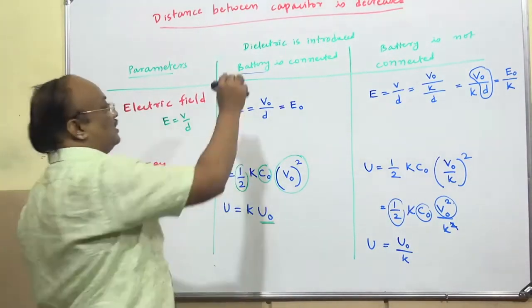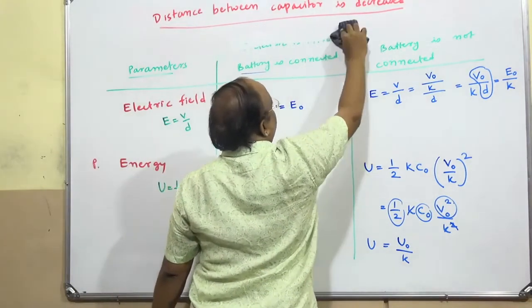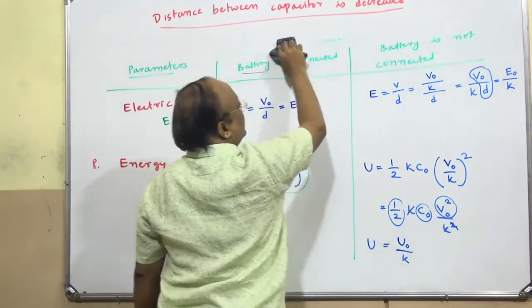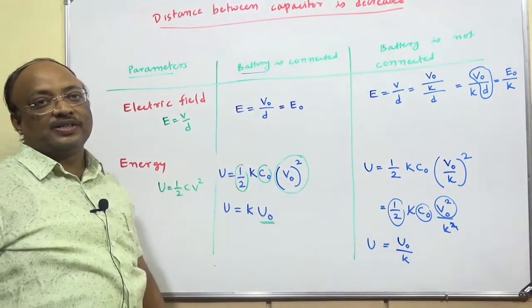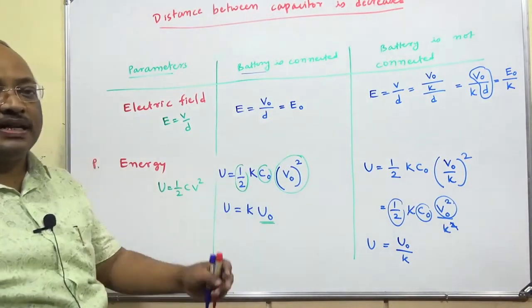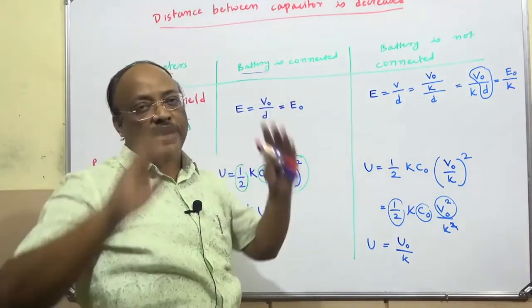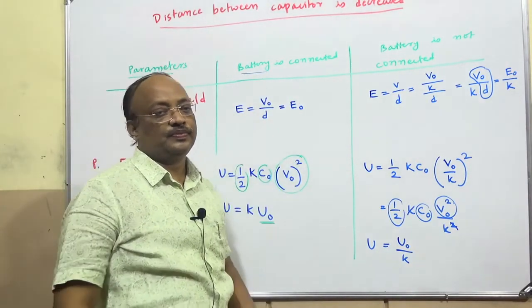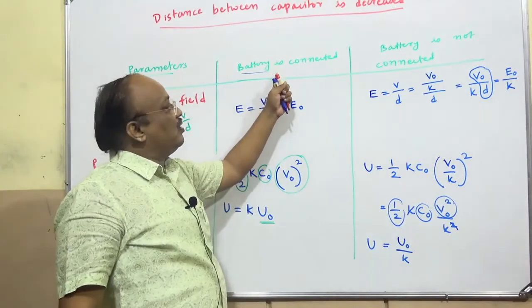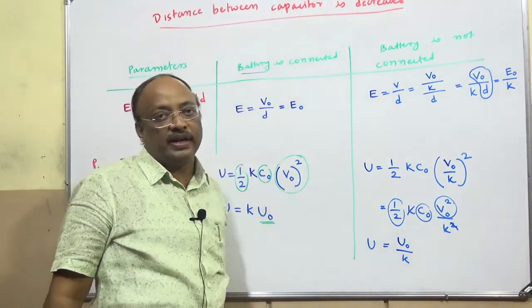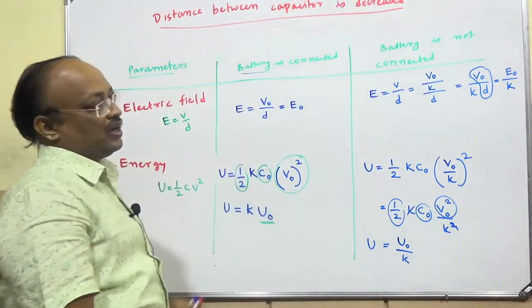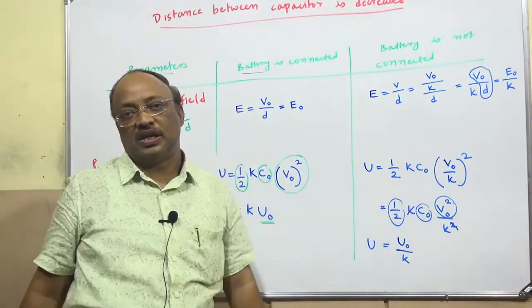You are decreasing the distance between the two plates. One case is battery is connected, other case is battery is not connected, and we will see what happens to the different parameters.